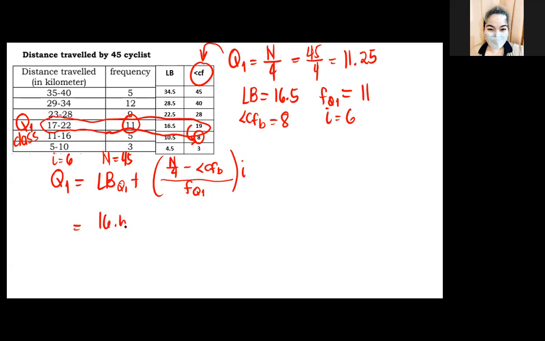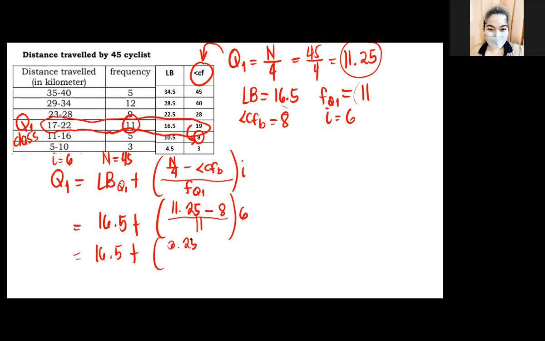Then, we will substitute. We have 16.5 plus n divided by 4, ito na yon, 11.25 minus yung cumulative frequency below, which is 8, divided by the frequency, which is 11, times our I, which is 6. So, mag-subtract muna tayo. 16.5 plus 11.25 minus 8, that's 3.25.